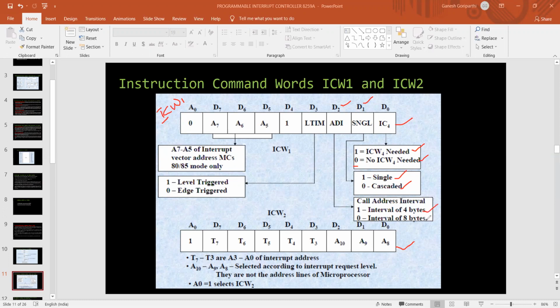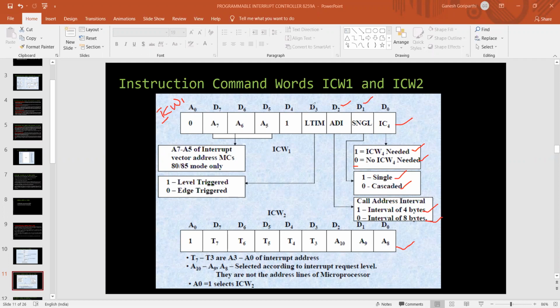If it is 0, it states that it is 8 bytes. Call address interval means the time interval between two interrupt callings. It may be either 4 bytes or 8 bytes.